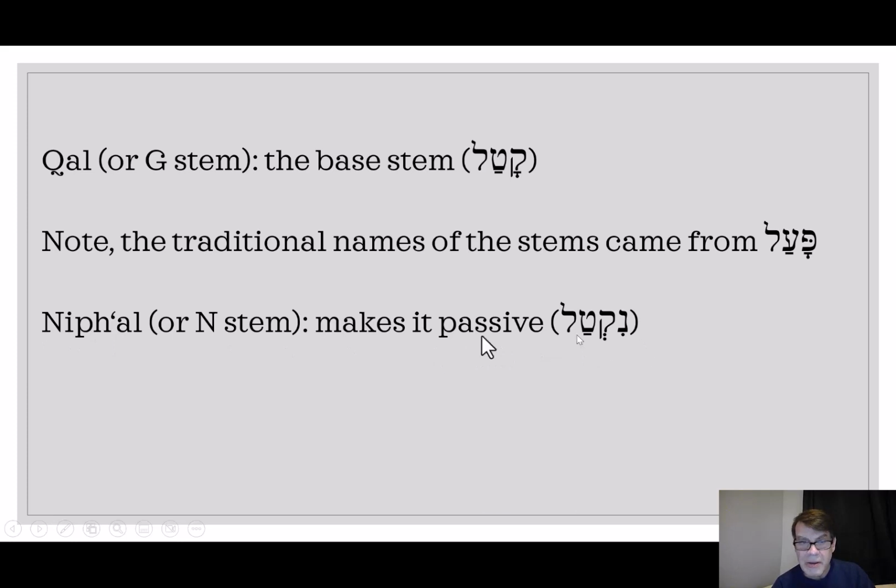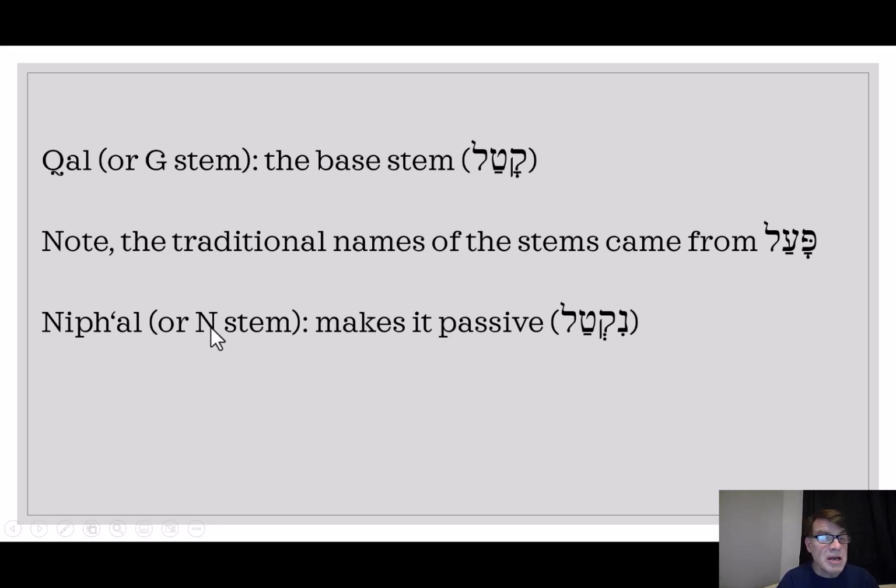It's got a hireq, the i, and it's got a patach, a short a. So niqtal is the way qatal looks in the third masculine singular perfect tense Niphal stem. And if you remember, the Niphal stem makes it passive. So if qatal means he killed, niqtal means he was killed, passive.